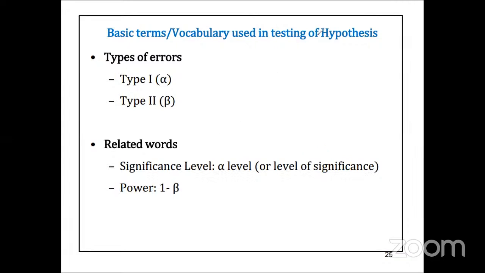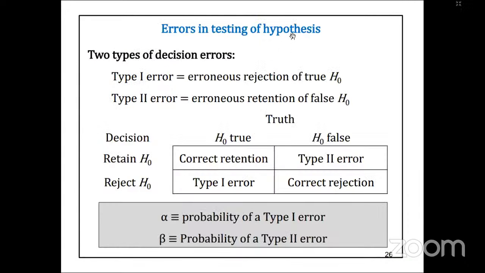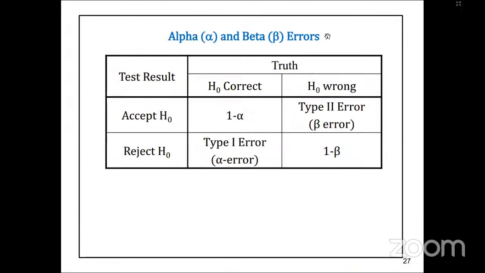If you know how to choose alpha or what exactly alpha is, then it will be easy for you. Now see what exactly type 1 error and type 2 error are. Let me take one example. Here I'll write the true decision or fact.